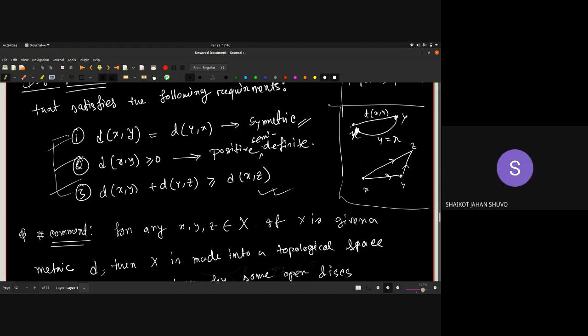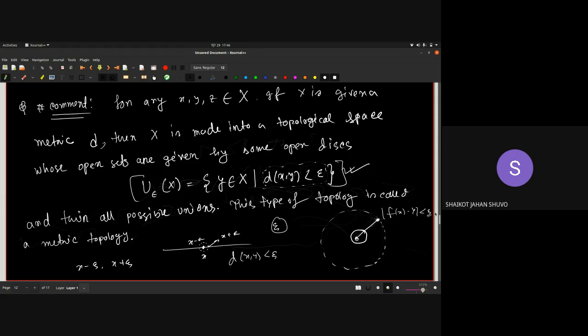The next thing is, can you define some open sets like this? You can always take some distance d of x, y which is less than some small epsilon in your two-dimensional Cartesian space. So you have open sets like this as well, and that should give you a metric topology. Okay, got it.